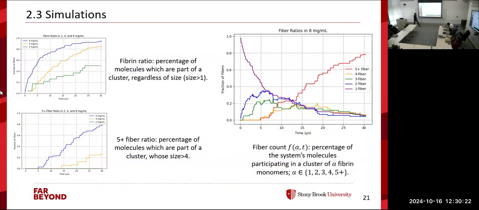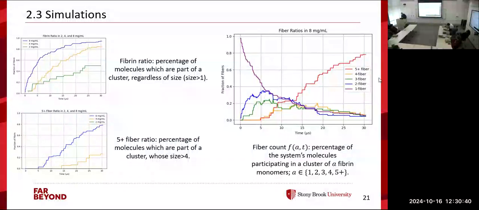So over time, nothing unexpected. Most clusters are single, one fiber. Over time, we see a rise in 5+ fiber. Okay, nothing unexpected, 8 milligrams per milliliter.